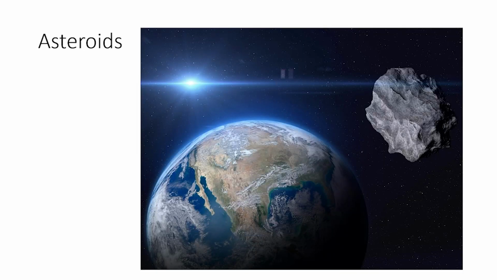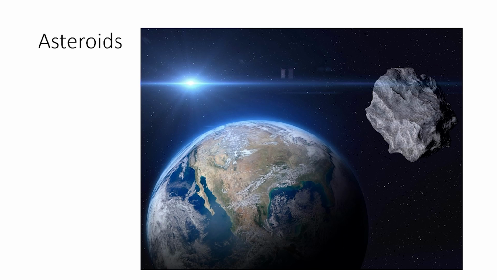In this video, you will learn about asteroids, meteors, meteorites and comets. So let's get started. Look at this figure. It is showing an asteroid. So what is an asteroid? It is basically a small, rocky, airless fragment that orbits our sun, and they are too small to be called planets.